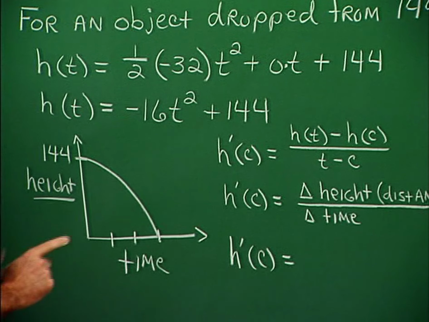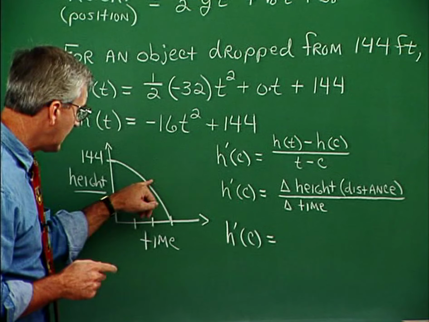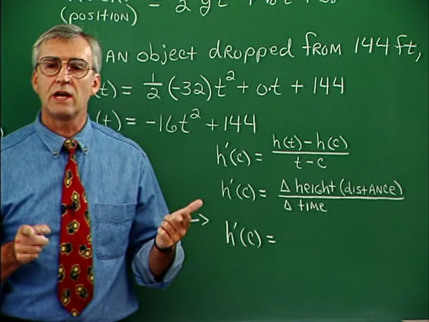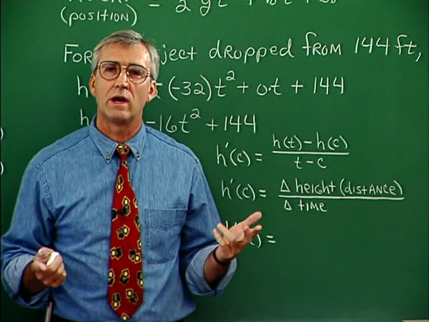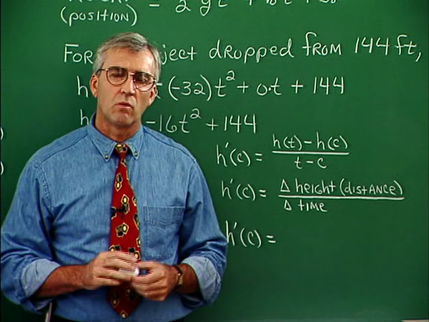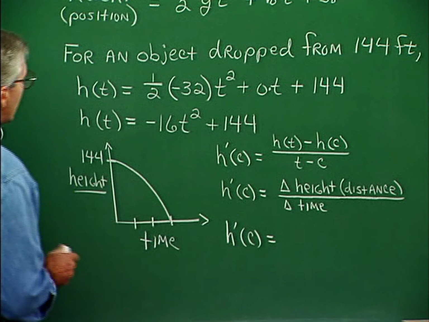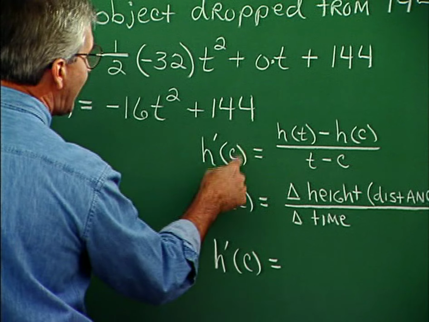Think for a moment about a tangent line and the slope of the tangent line and the interpretation of the slope of the tangent line at a point on this graph. Now, what are we really talking about here? Well, let's see. If we're thinking about the slope of a tangent line at a certain point, we know from our previous work that the slope of the tangent line at a point means something like h prime, the derivative at a point.